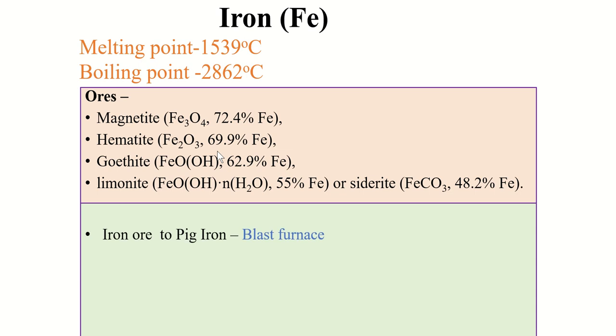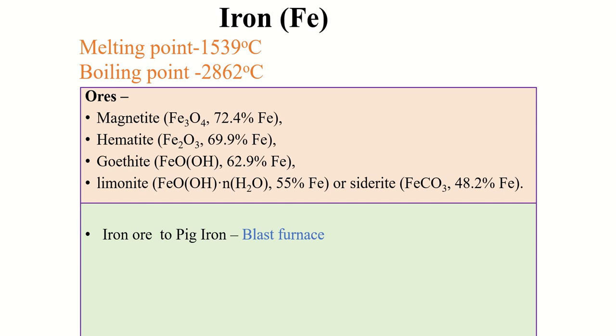If you want to convert the iron ore into pig iron, we have to use blast furnace operations. Here the carbothermic reduction of iron ore is carried out with some flux and coal in the blast furnace.